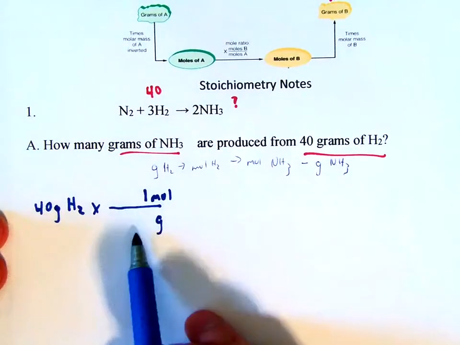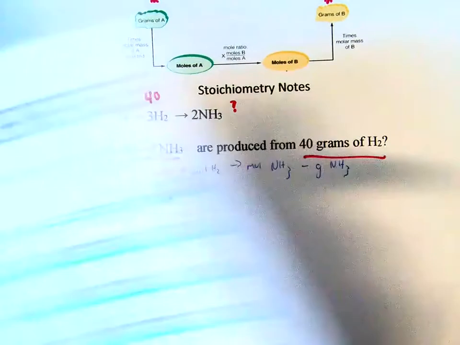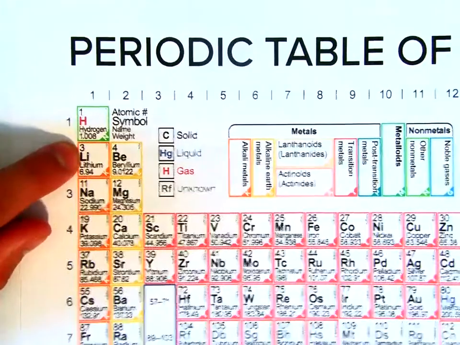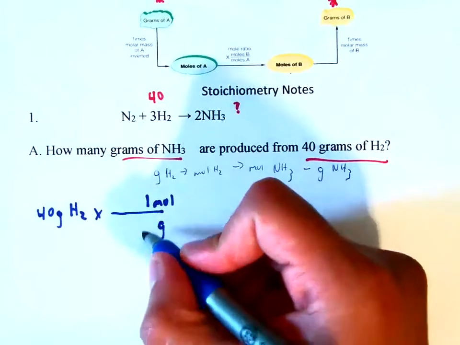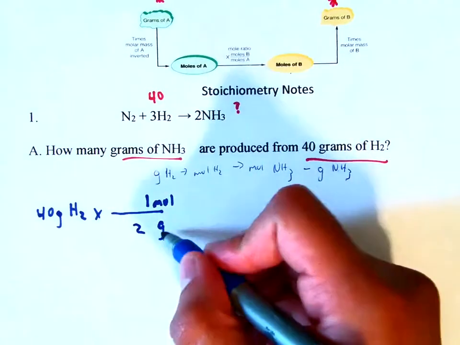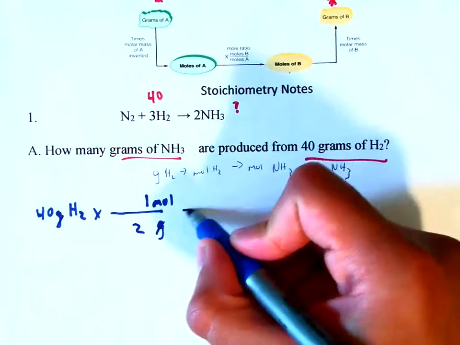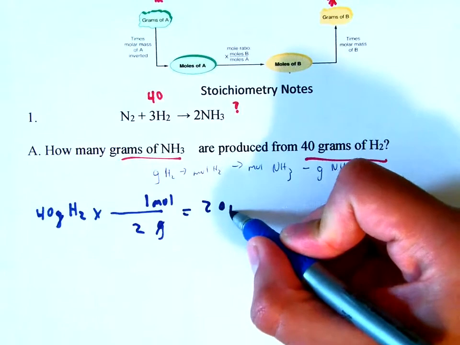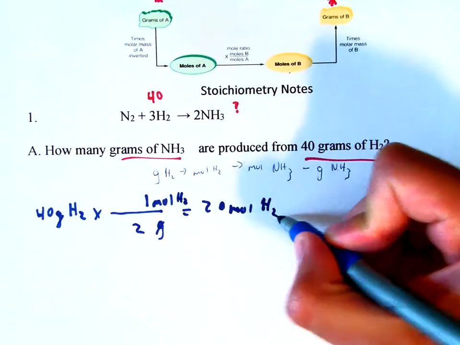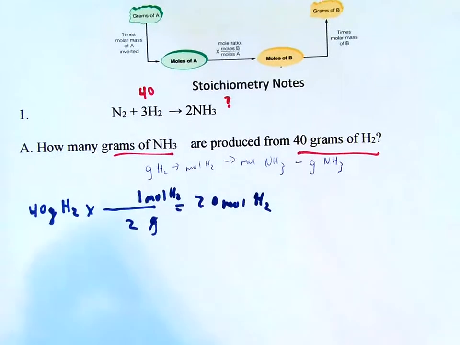Then we put the molar mass of H2. The molar mass of hydrogen, if we round it, is 1, and we have 2 of them, so it'd be 1 times 2. The molar mass will be 2. 40 divided by 2 is going to give us 20 moles of H2. So that's our first step.